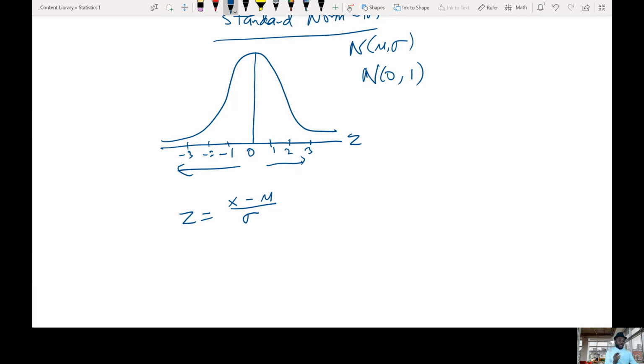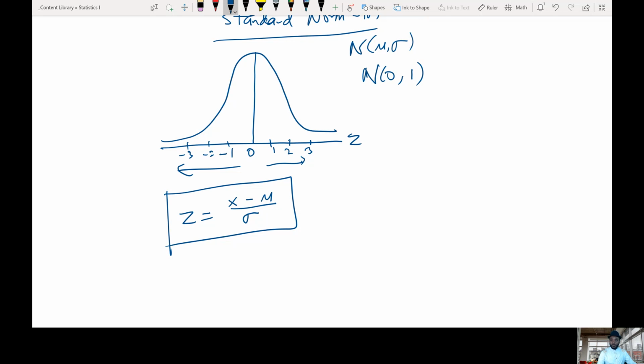So that's really the trick to finding the probability for a normal distribution. The first thing is to convert the normal distribution to a standard normal distribution. And to convert that, we simply use this expression. We find the z-score. So originally we had the x values, and now we find the z values, and then we can now find the probabilities.